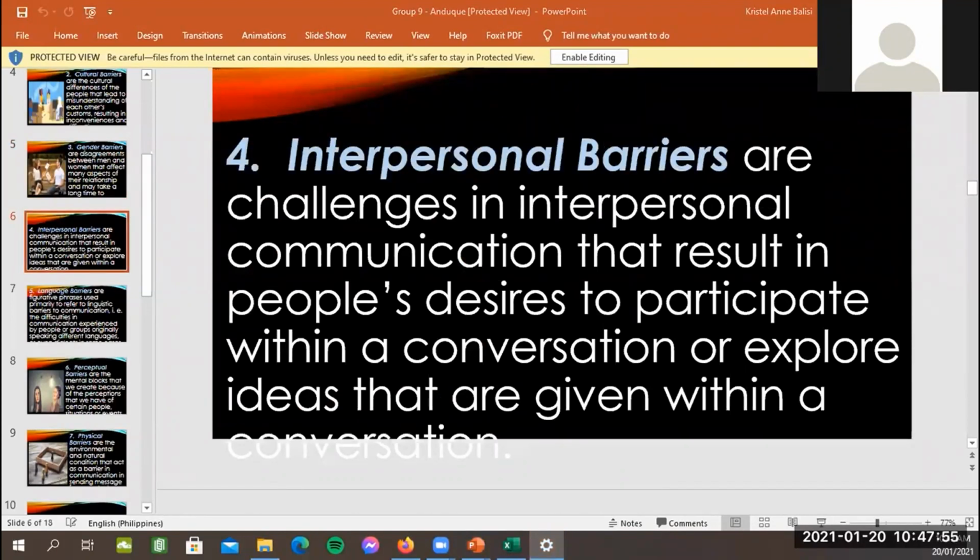Interpersonal barriers are the challenges in interpersonal communication that result in people's desire to participate within a conversation or explore ideas that are given within a conversation.